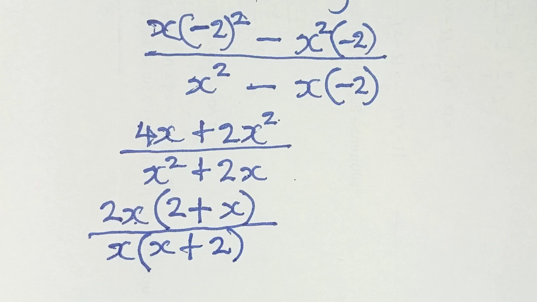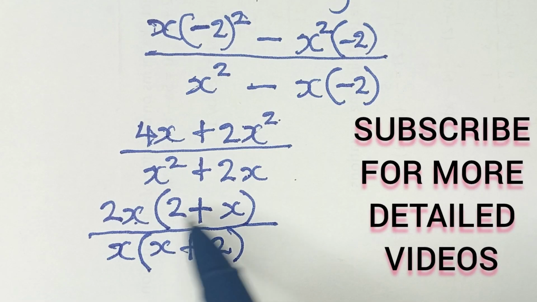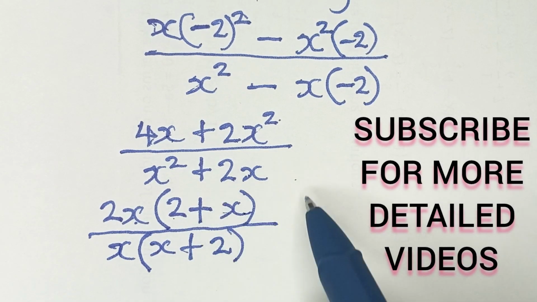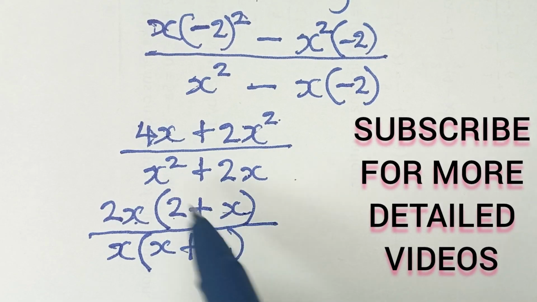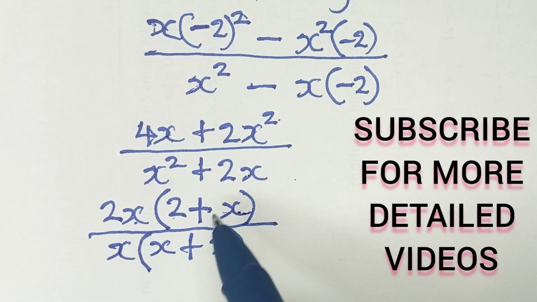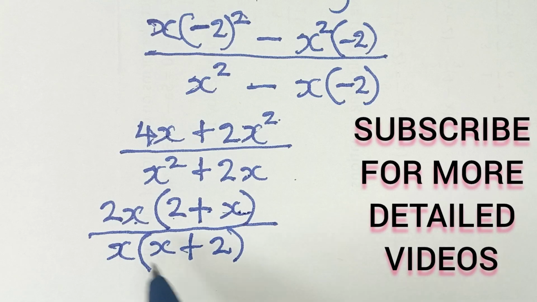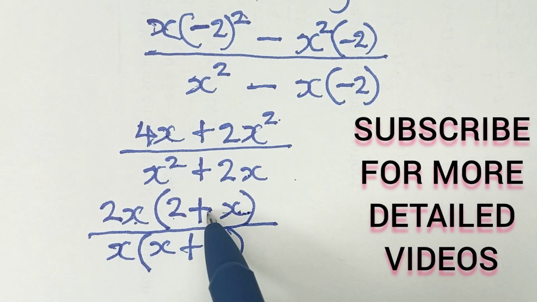So now, the mathematics has shown us what to do next. The next thing to do is 2 plus x is the same thing as x plus 2. Don't forget 3 plus 5 also means 5 plus 3. So if we say 2 plus x, it also means x plus 2. And what we have here is x plus 2. So this x plus 2 and this 2 plus x, they are the same terms.